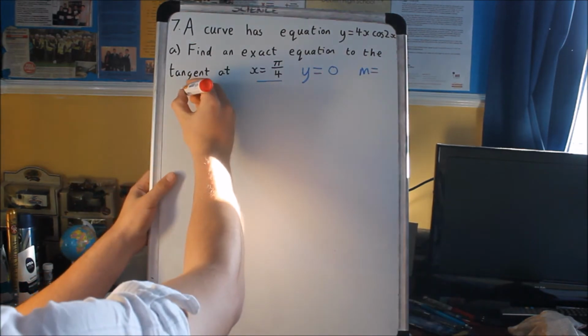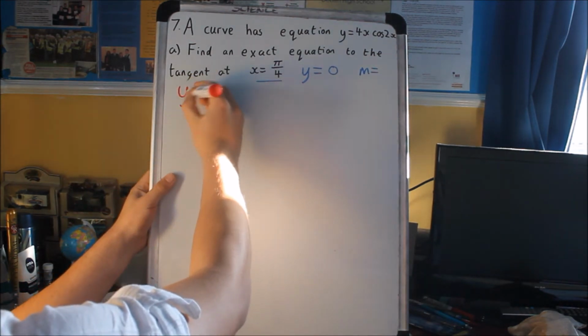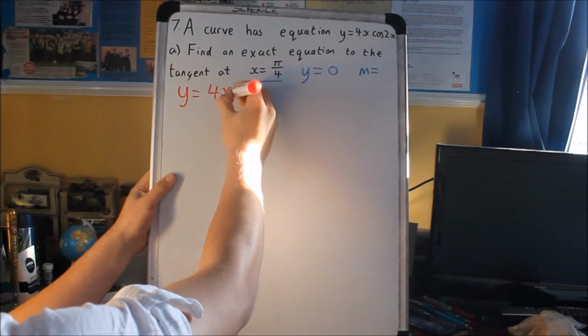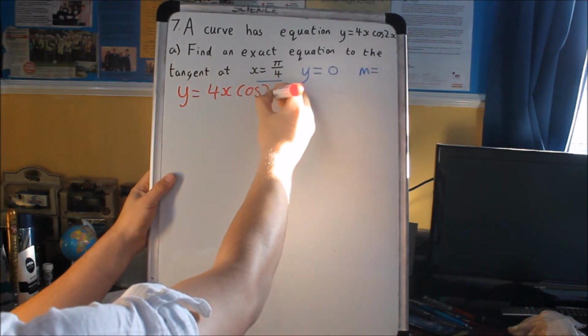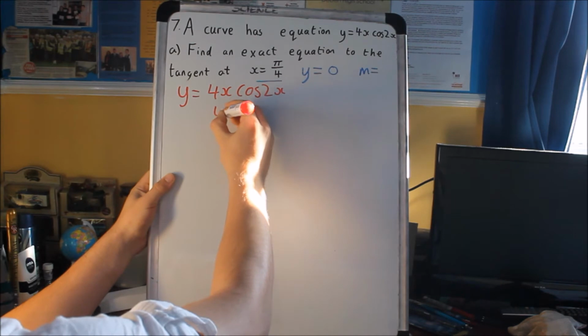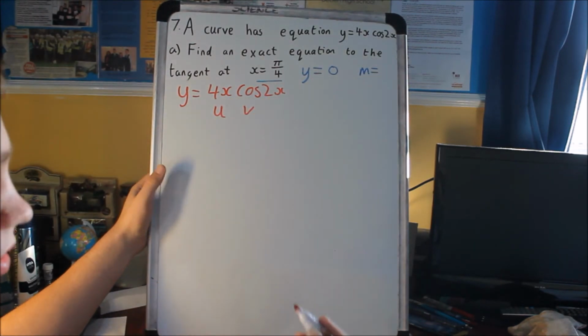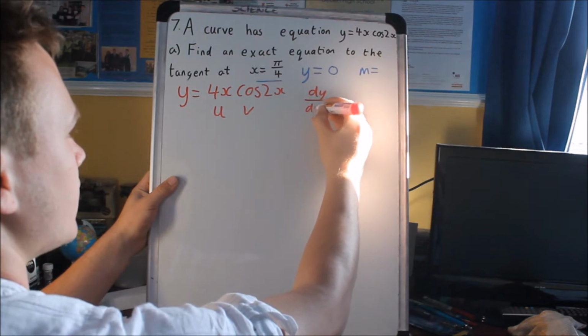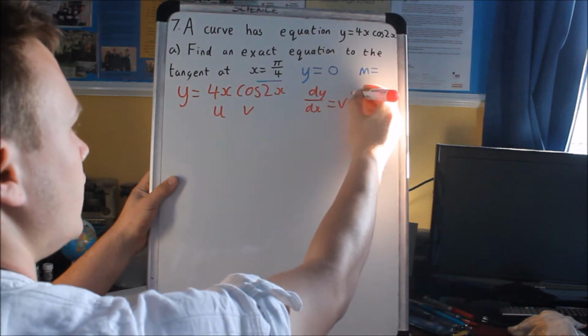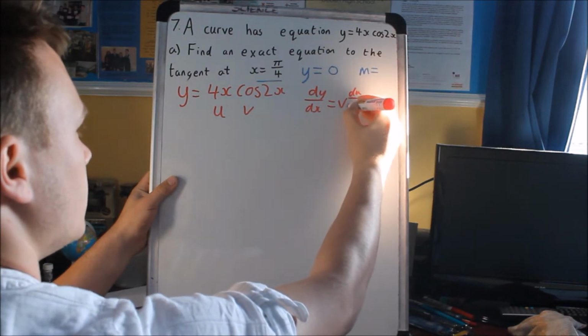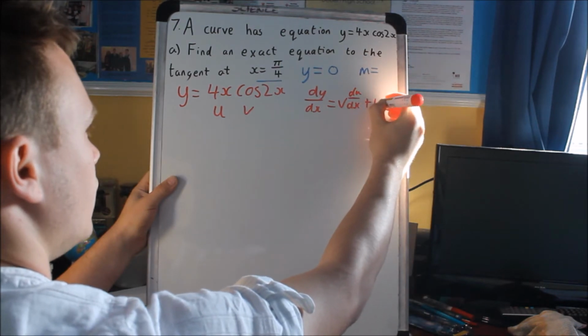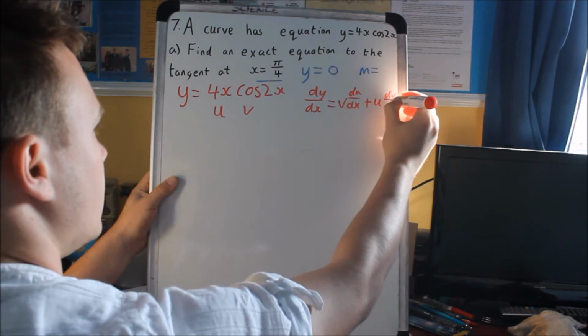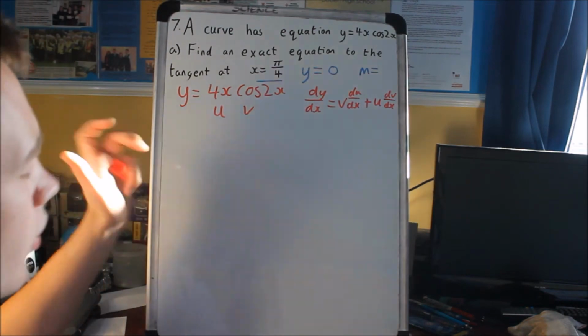So I'll write it a little bit bigger: y equals 4x cos 2x, which is in the form uv. So we're going to be using the product rule. So dy by dx is going to equal v du by dx plus u dv by dx. So that's the formula we're going to be using.